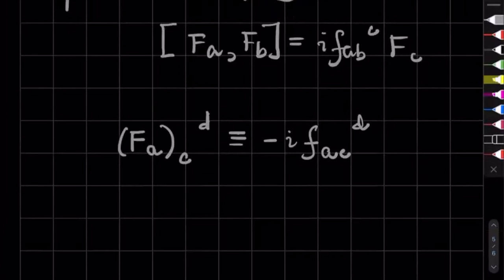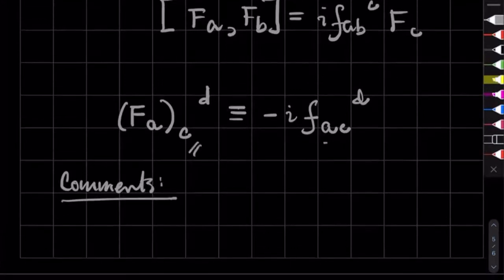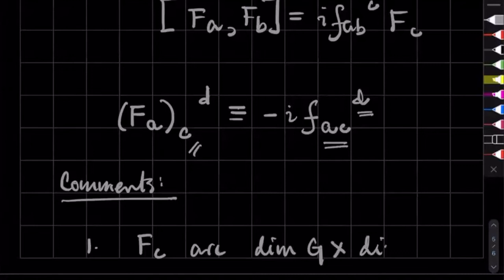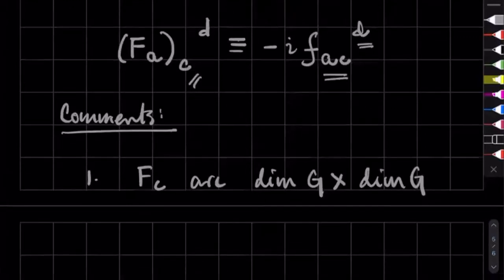Now let's make some comments. See that the indices here run from 1 to the dimension of the Lie algebra of the Lie group. Therefore, the adjoint representation FC are matrices of size dimension of the Lie group or Lie algebra times the dimension of the Lie group or Lie algebra, right?